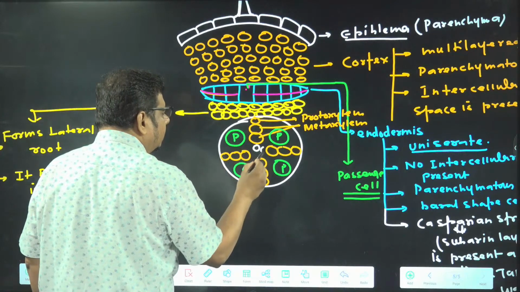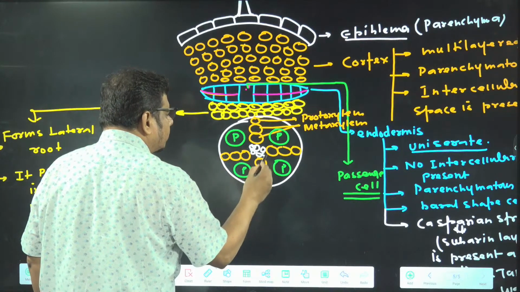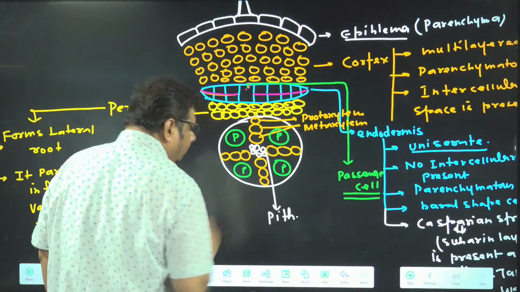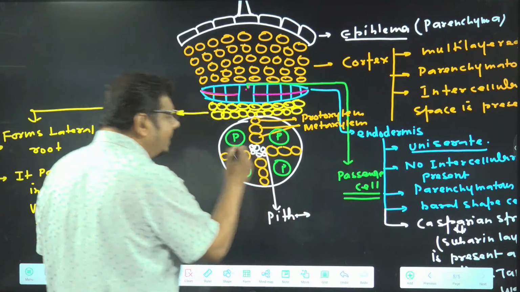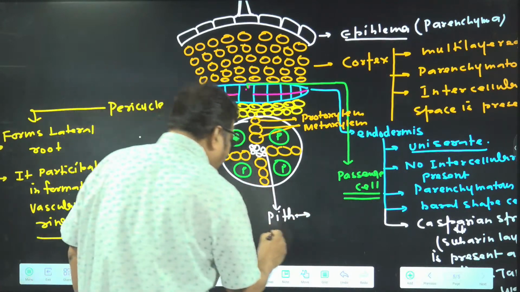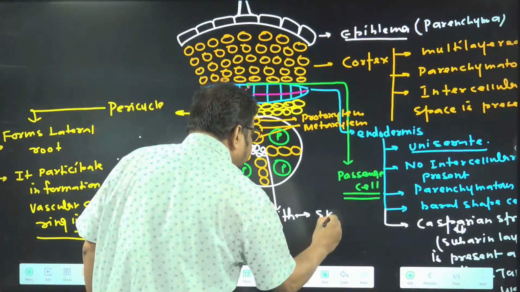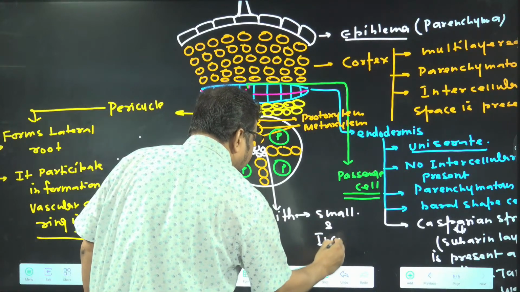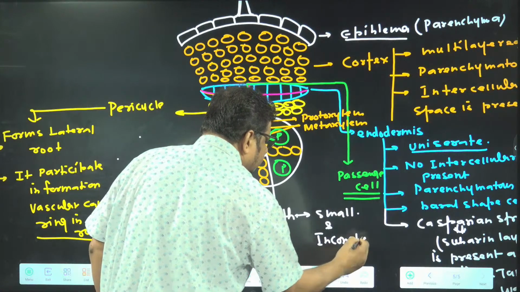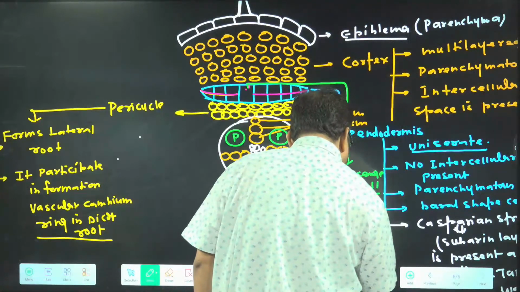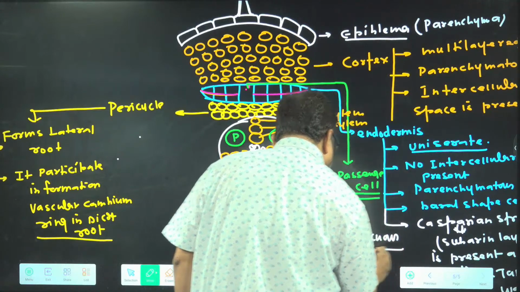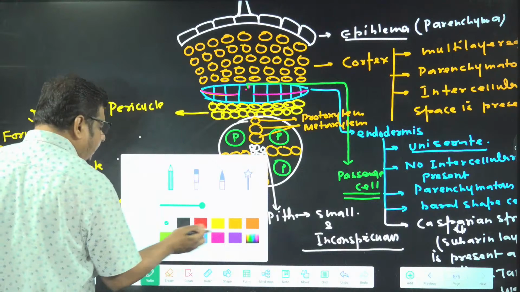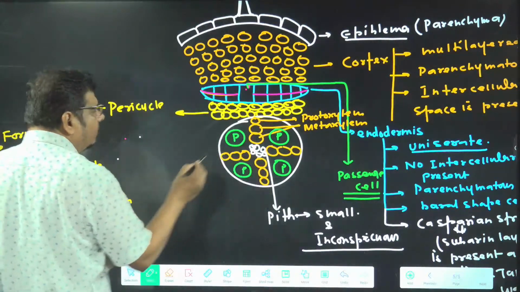In between here, pith is there. So pith is present here. But if you are not finding the pith, it is because well-developed pith is there in other cases. So what do we have to write about pith? It is small and inconspicuous. Now what are we finding in between xylem and phloem?